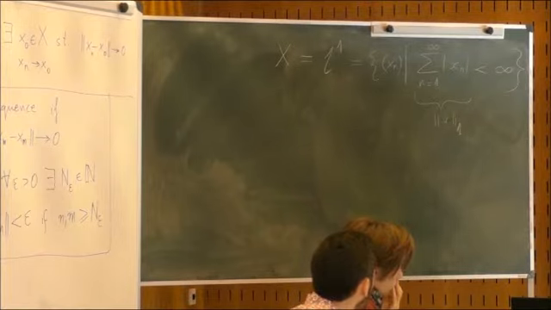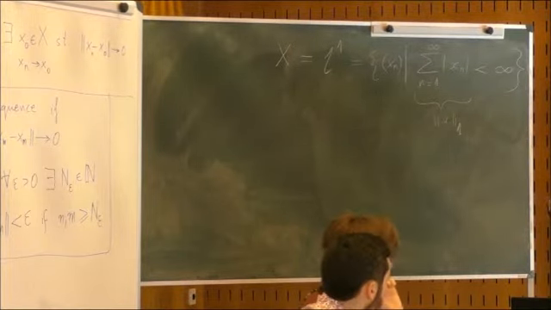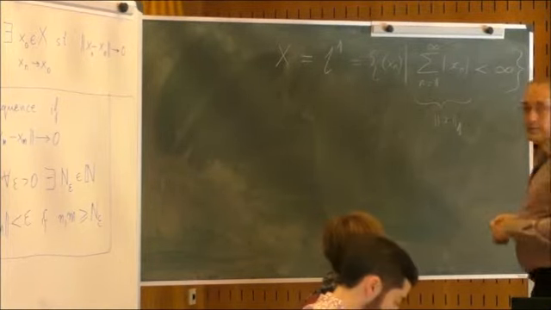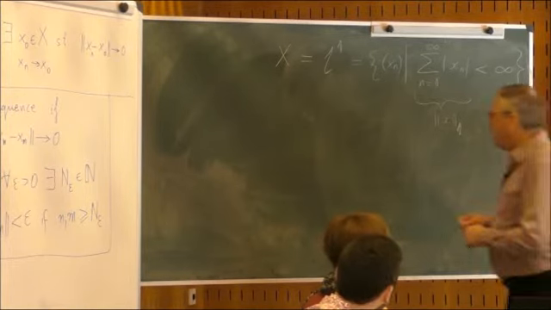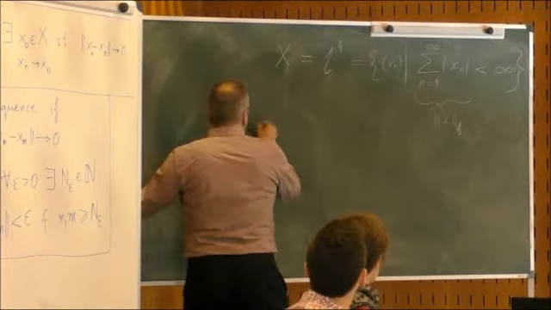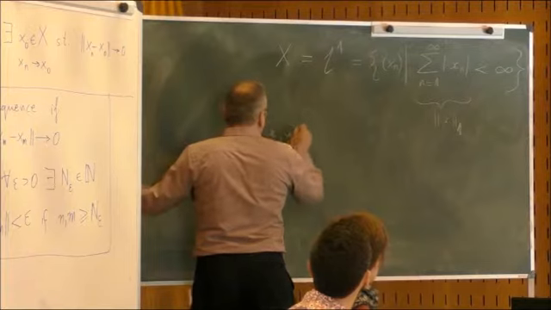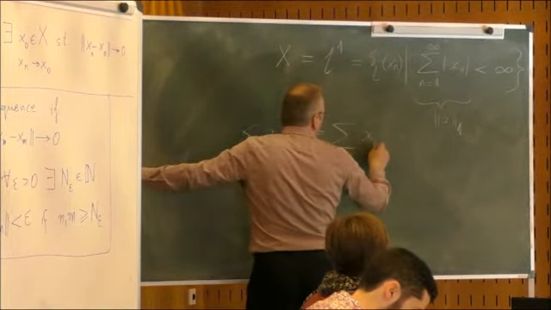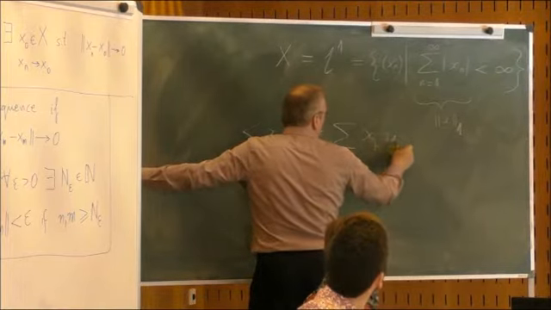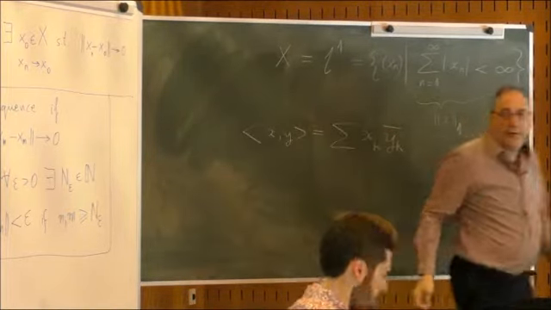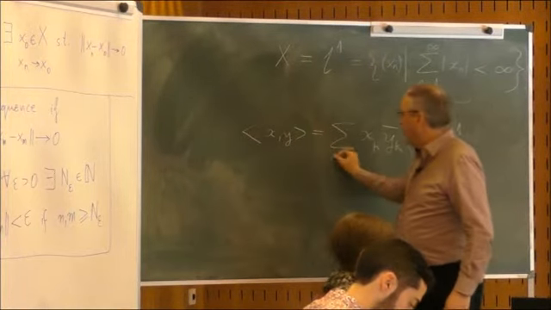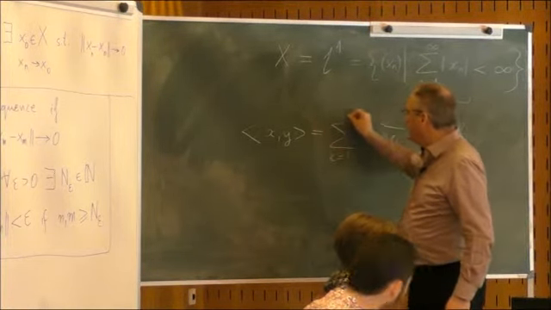Now we decide to use a different norm on this space, derived from an inner product. The inner product of x with y is the sum of x_k times y_k bar, which is the most natural way to define an inner product, where k goes over all the natural numbers.